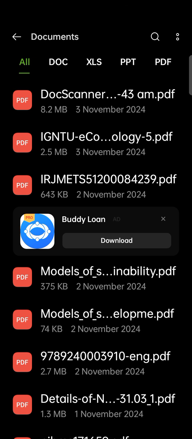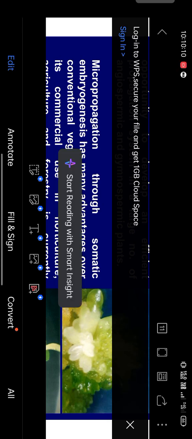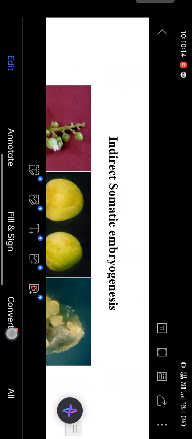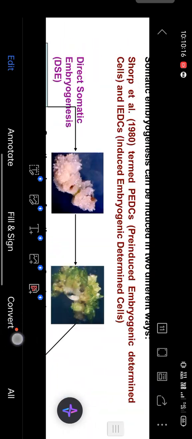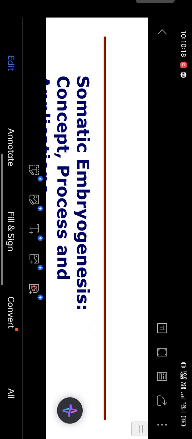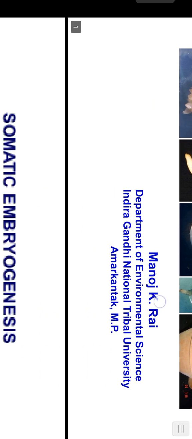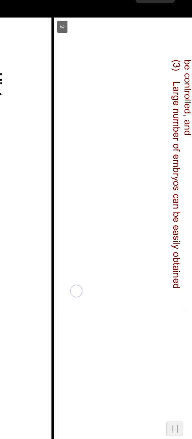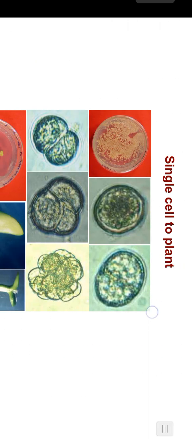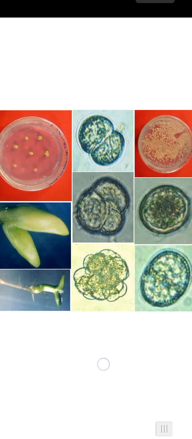I am not very clear on the process. So this is a long question. Somatic hybridization, single plant to plant.